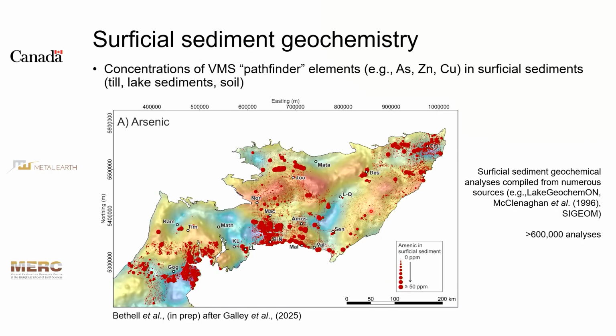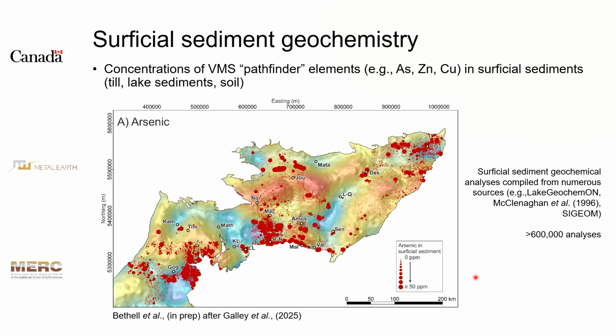Another parameter that we looked at was the geochemistry of superficial sediments, including till, lake sediments, and soil. We looked at the concentrations of VMS pathfinder elements, a few examples being arsenic, zinc, and copper. Again, we see similar patterns here looking at arsenic.